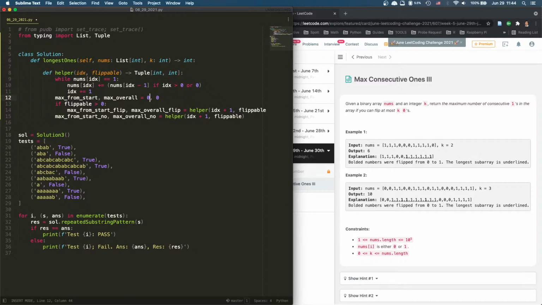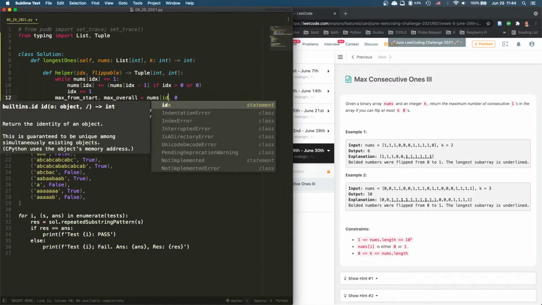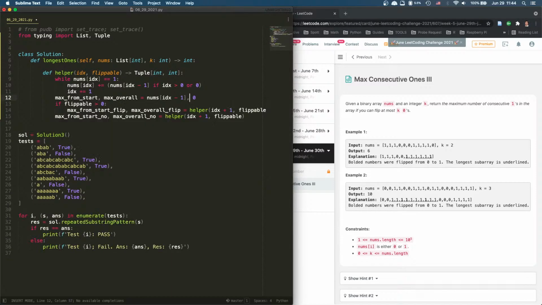Hold on, do we count? Yeah, we do have to count max from the start. Now max from the start and max overall is going to be nums index minus 1. This is also nums index minus 1. This is what we have so far.